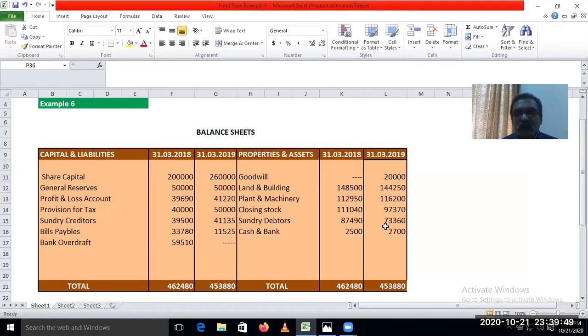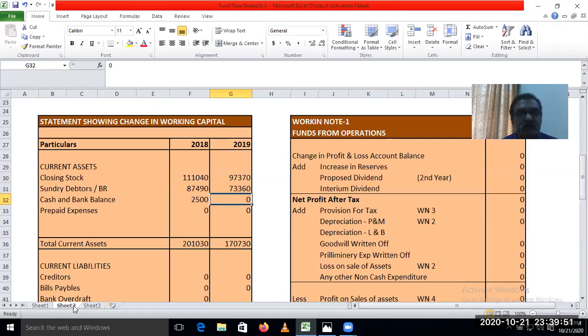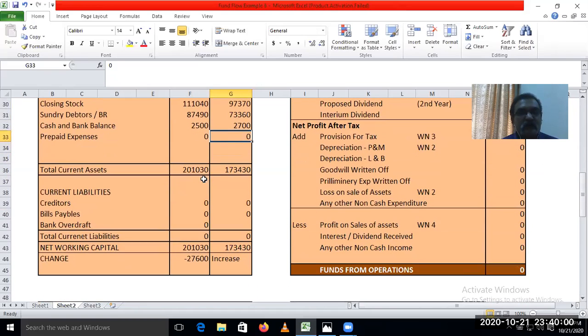Next, cash and bank 2,700. Prepaid expenses are 0. Here we have got our total current assets 2,01,030 and 1,73,430. Now we have to consider current liabilities.